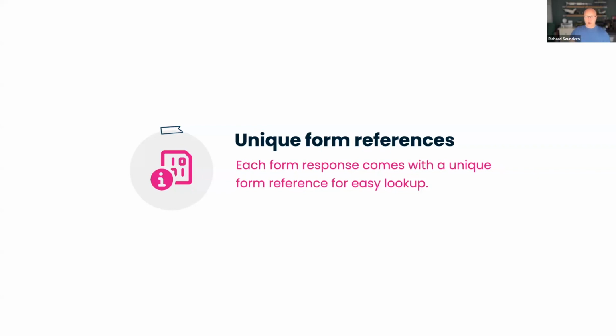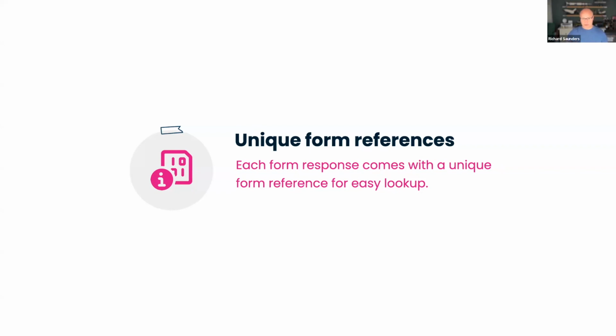The other thing that you'll often find with forms is when you submit a form, you're often given a reference ID to have something that can be easily looked up if you needed to make contact. So if you're doing an open day form, you might want the student recruitment services to be able to look up a form by a unique reference number.